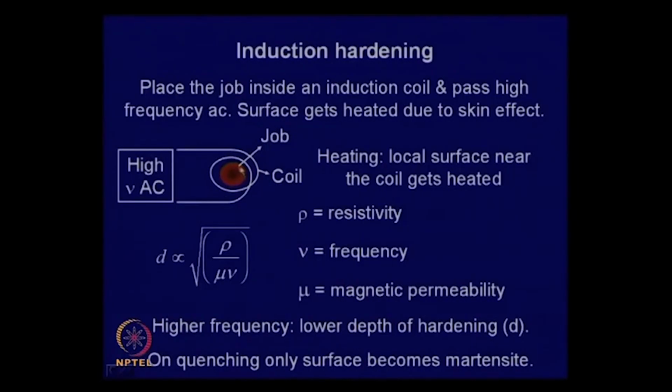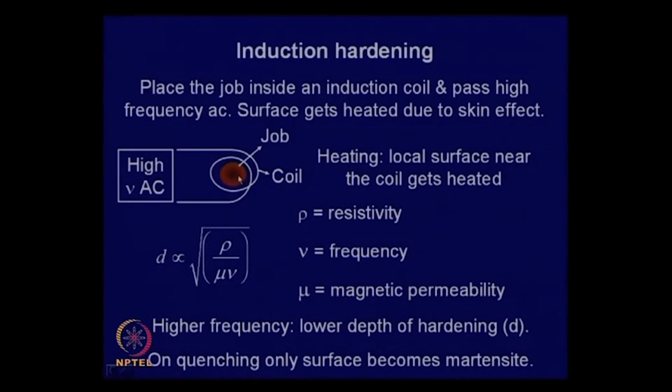In this particular slide, this is a high frequency alternating current source, and this is the coil, and usually these coils are water cooled, and here is the job which gets heated. We have tried to show it diagrammatically.